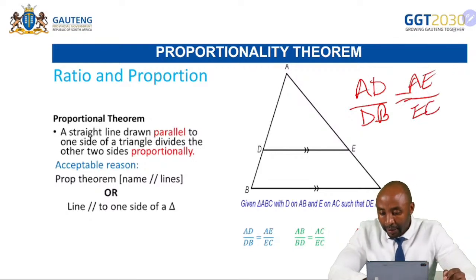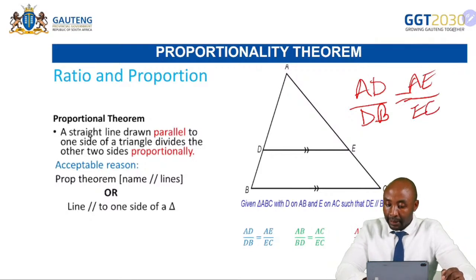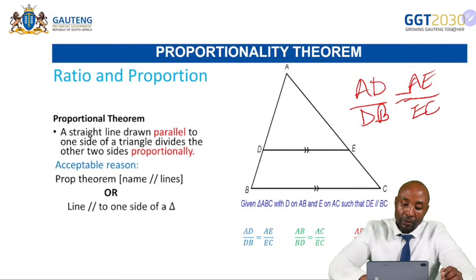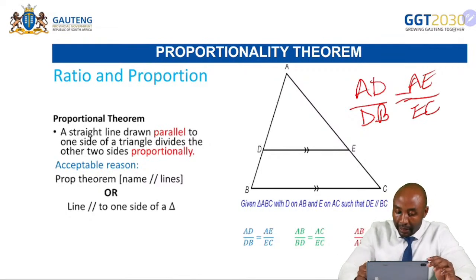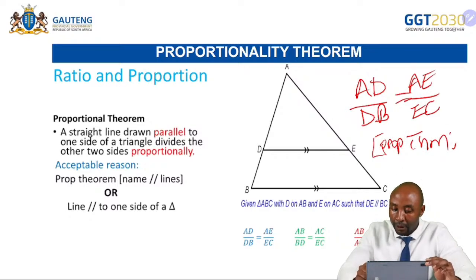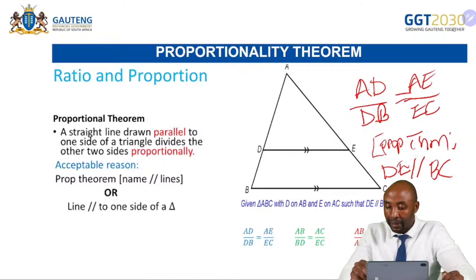Now, there are constructions that you are supposed to do in order for you to do this proof. And as a reason, you can just give it as prop theorem, and you will give your parallel lines as DE parallel to BC. That is how we are going to give the reason there.